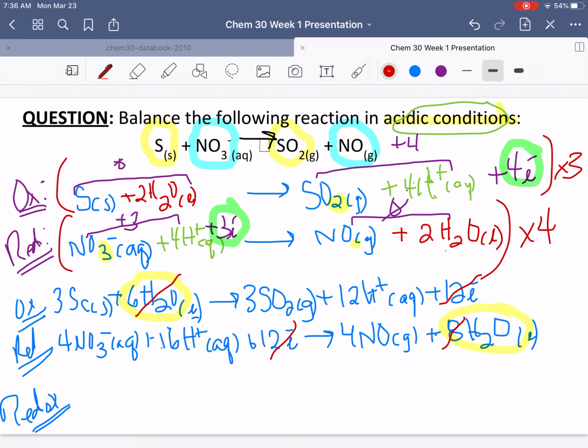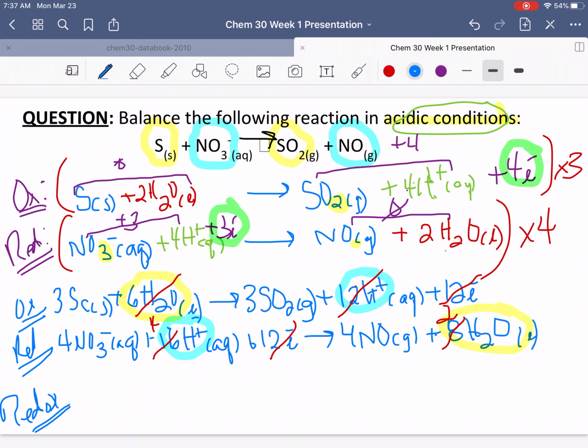On this side, there's no longer 8, and I write how many are left. 2, right? 6 go in, 8 came out. That leaves, when you cancel out, 2 left. It goes through a similar process with your hydrogens. If I had 12 H plus being produced and I had 16 that were being reacted, that means my 12 are completely gone. How many are left here? Well, 4. So you see there's a bit of work going through it.